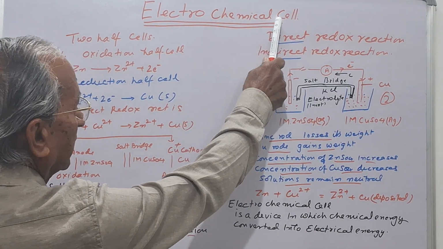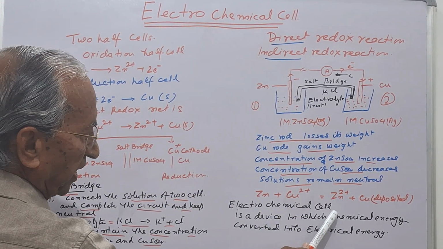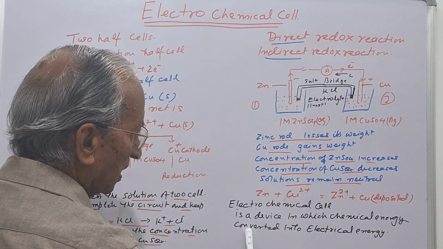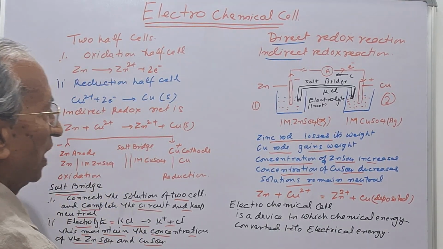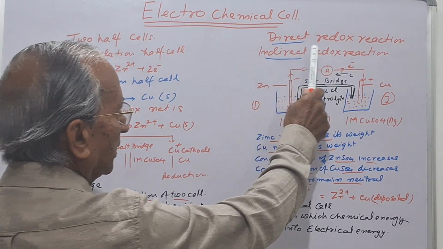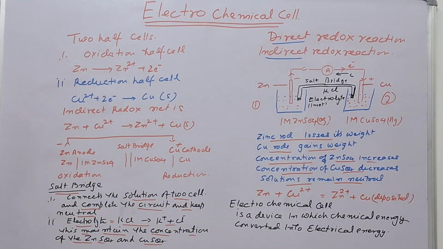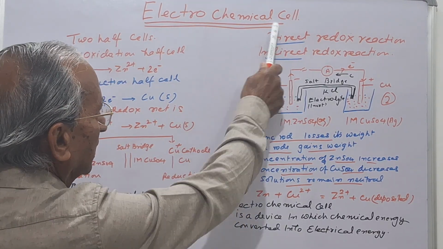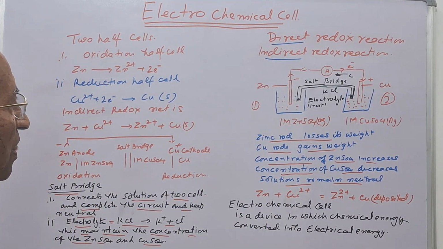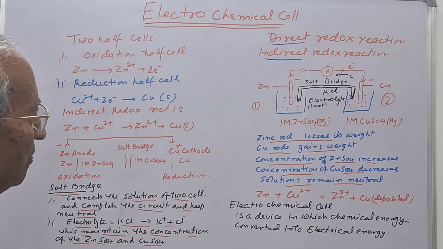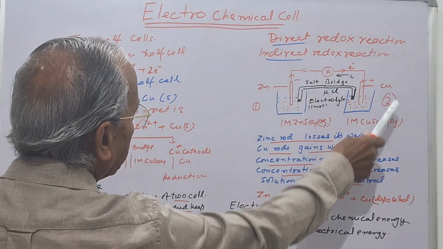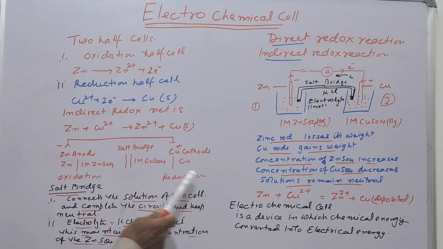So an electrochemical cell is a device in which chemical energy is converted into electrical energy, and these are known as indirect redox reactions. It's a very important thing, how the electrochemical cell works. So I think it will be clear to you, but the most important thing is how this indirect redox reaction is to be represented.